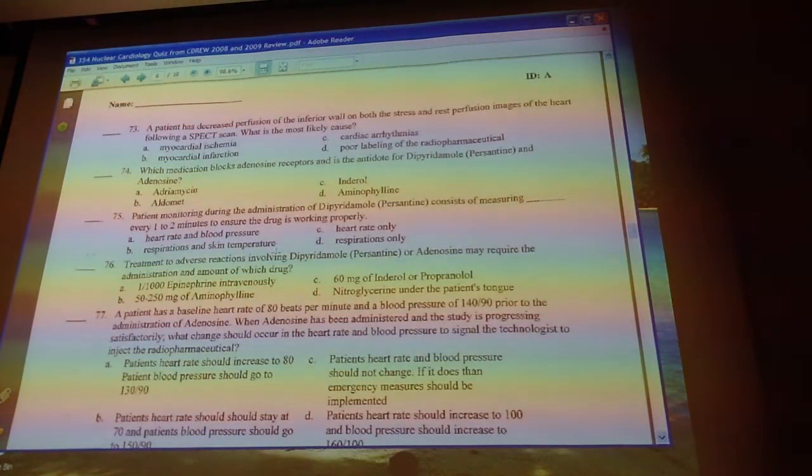Okay, but anyway, we already talked about this: which medication blocks adenosine receptors and is the antidote for Persantine and adenosine? Remember, that's aminophylline.